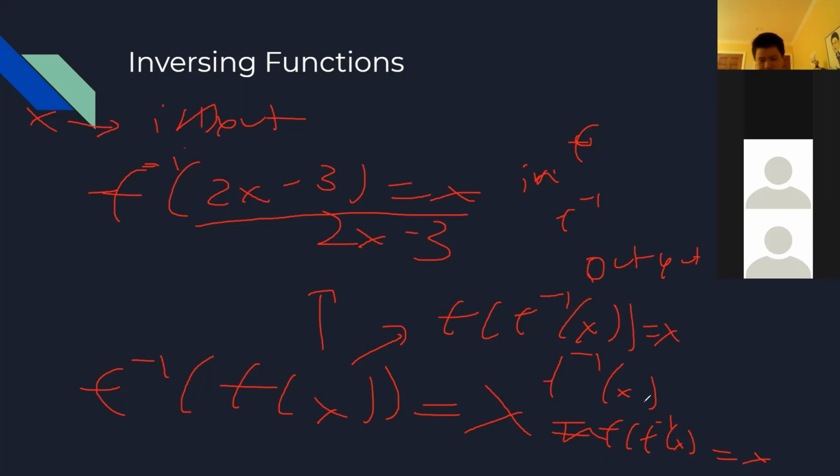f minus 1 of x gives whatever gives x from f. So x is essentially taken as an output. So when you put f negative 1 into f, it is x, showing that these two statements are equivalent.